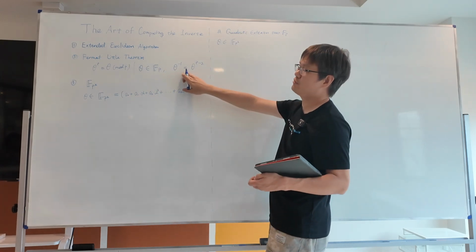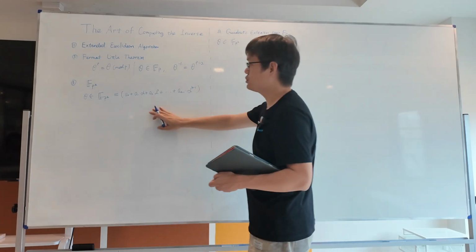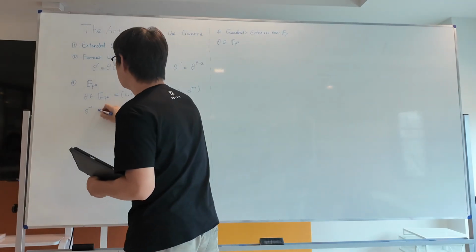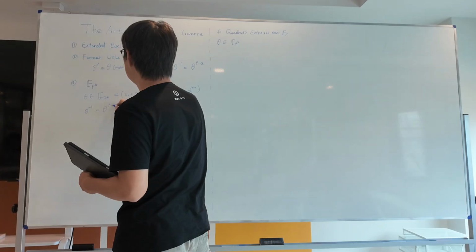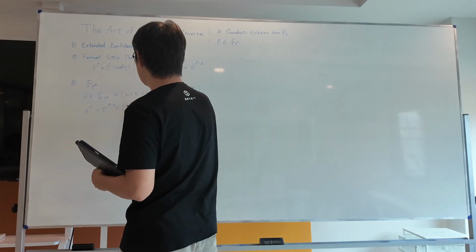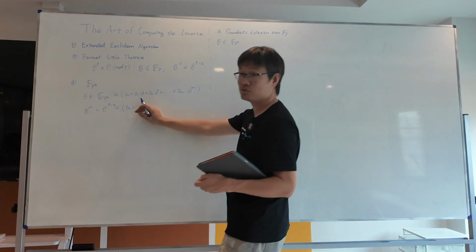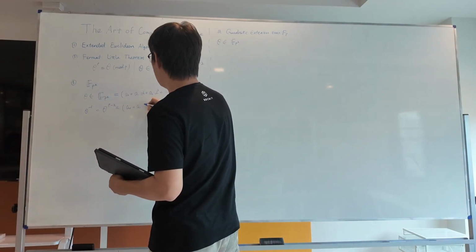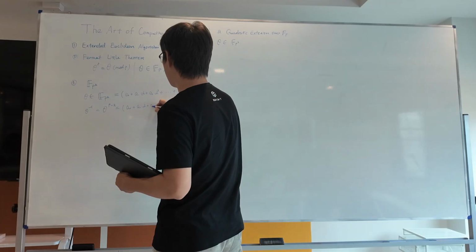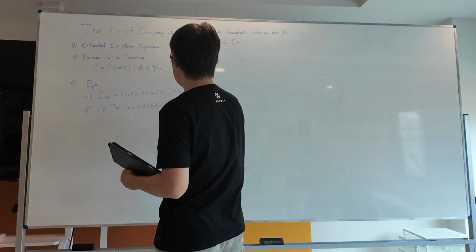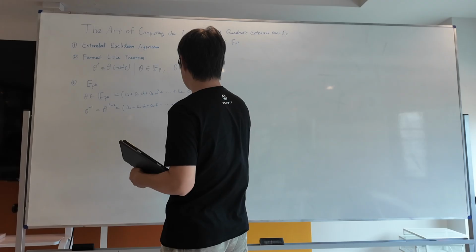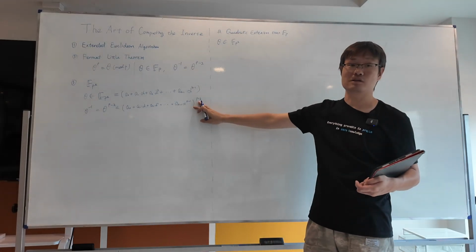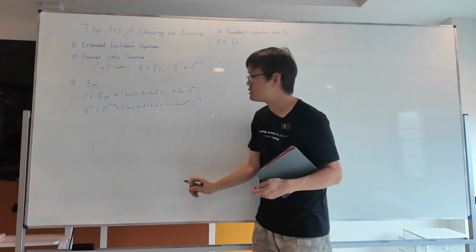If we use the Fermat Little theorem method to compute theta to the -1, which equals theta to the p minus 2, we have to do an exponentiation on this polynomial, where the exponent is p minus 1.